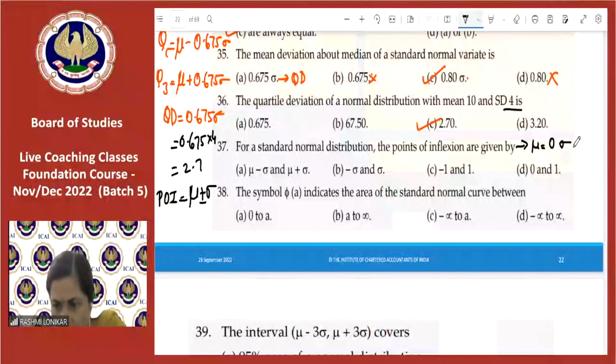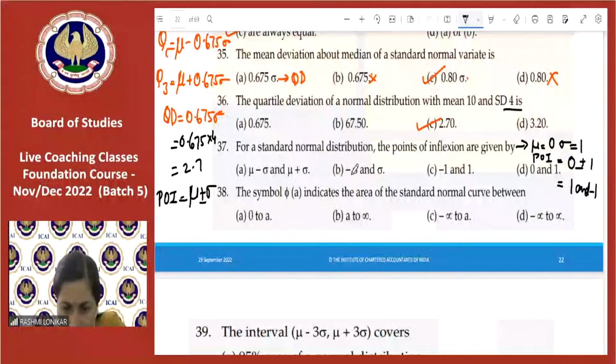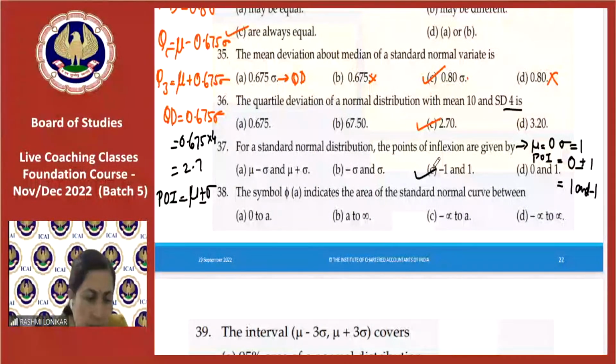What is the value of sigma? It is equal to 1. Now here, points of inflection will be 0 plus or minus 1, so 1 and minus 1. So C will be the correct answer for 37.